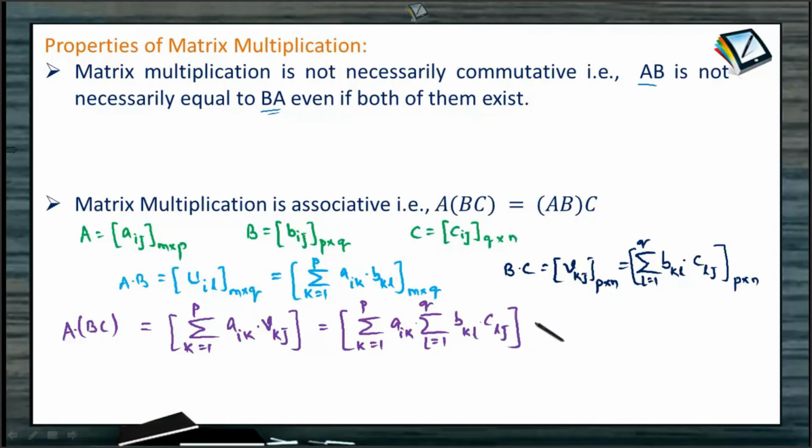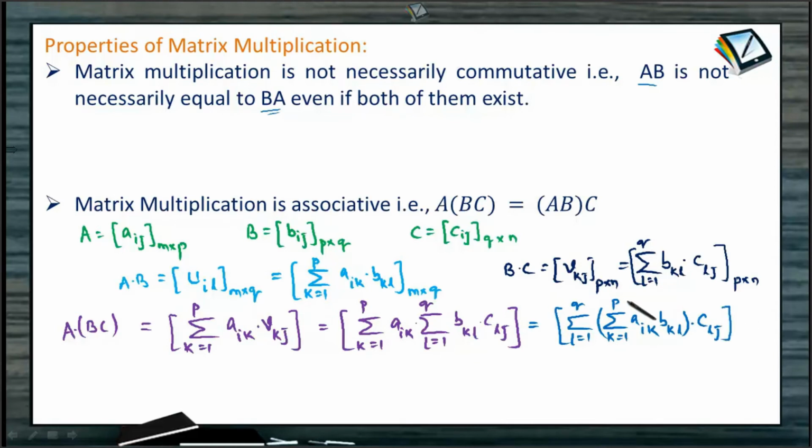As the summation is on a finite series, this can now be replaced, as the summation order can be altered. This is entries of the form sigma l equal to 1 to q times sigma k equal to 1 to p, A_ik into B_kl times C_lj. Now what is this entry here?